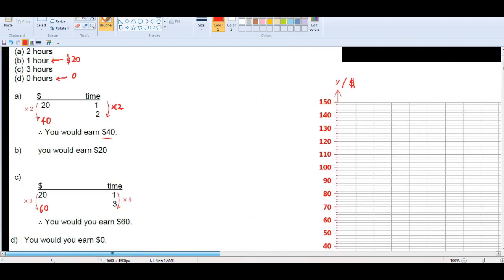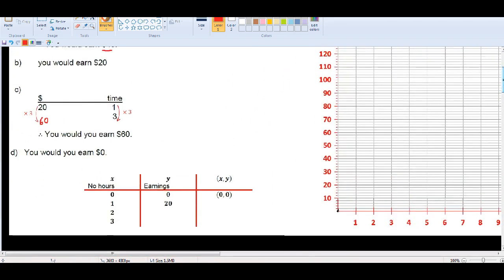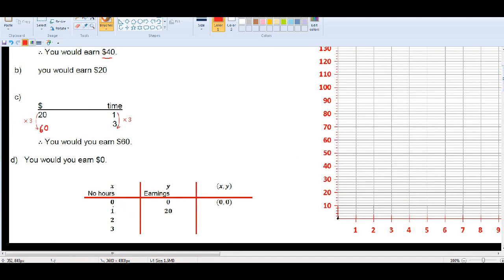Alright? Okay. So we know for 0 hours, 0 earnings were paid. So the corresponding coordinate should be (0, 0). That's the origin. So that's the first point right here.